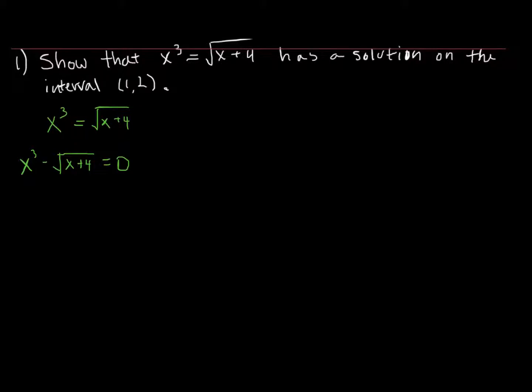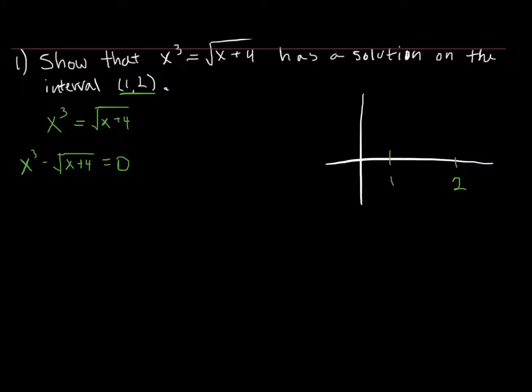So now, just to give us an idea of what we're looking for, we're looking to show that this function at some point is equal to 0. Well, to be more precise, on the interval from 1 to 2. So what we're looking for is any place where this function will intersect the x-axis in between these two x values.